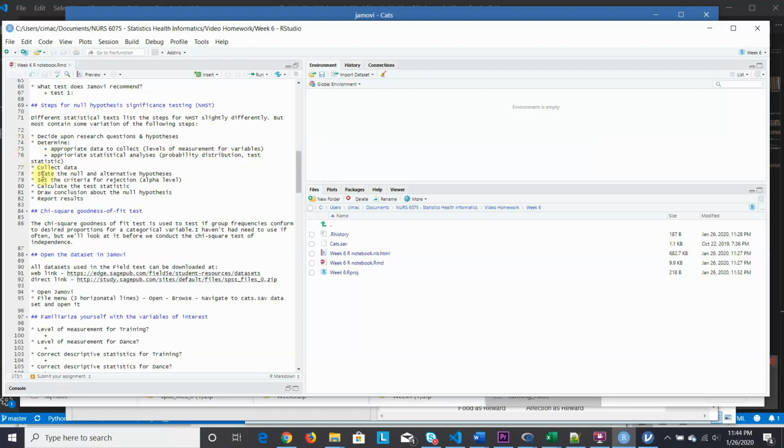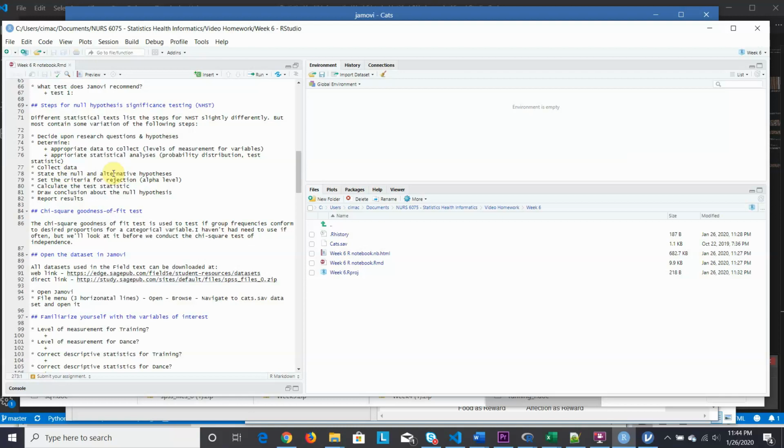And obviously we're not going through all those steps, but what we're picking up in this class is going to start here. It's state the null and alternative hypothesis. So this is where we're going to say what our specific null and alternative are for our specific statistical test. So in the case of our chi-square, we're going to say chi-square test of association.